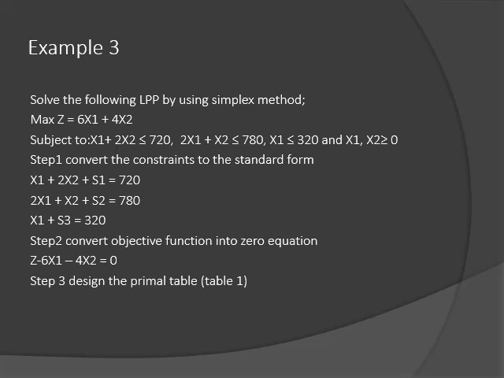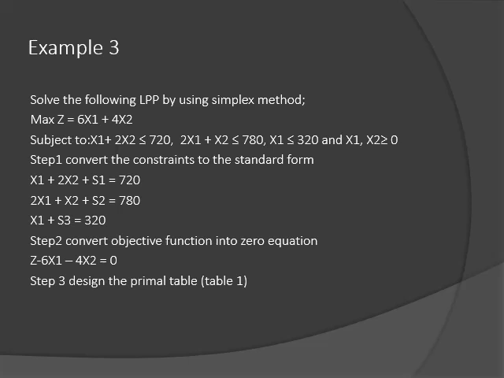So the next step is to design the primal table, or essential table, or table number 1. First step, convert the constraints or inequalities to the standard form by adding s or slack variable.